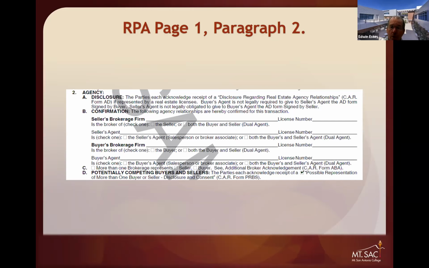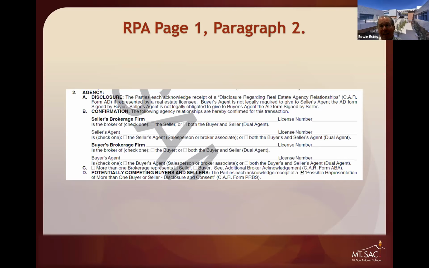If you are co-listing this property, perhaps with another agency, another brokerage, we do have a line there for paragraph C, and you would attach the CAR form ABA. We are familiar with both the agency disclosure, the AD form has to be given to the buyer as soon as possible, but definitely before you start completing this purchase agreement.